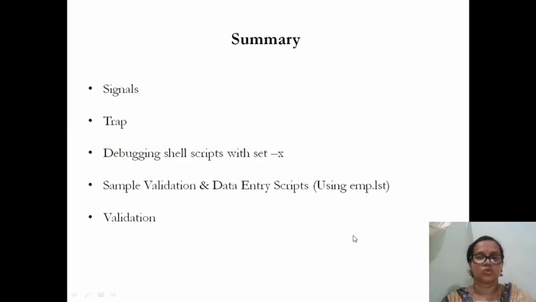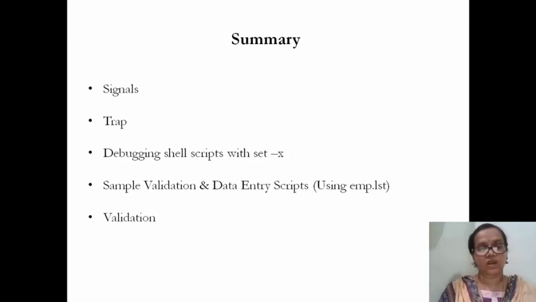Summing up our session, we have gone through what signals are, what types of signals we have, and how to track these signals by using the trap command. We also looked into the debugging session, how to get into debugging by setting set -x on top of the script, and some sample validations and data entry scripts using the EMP list as a sample database.